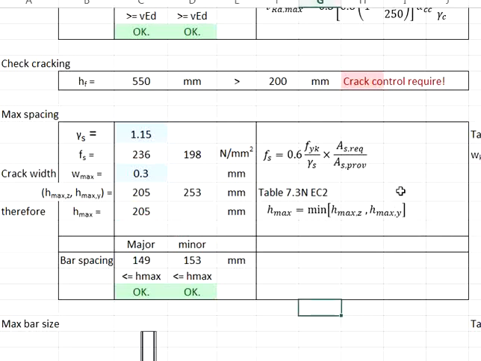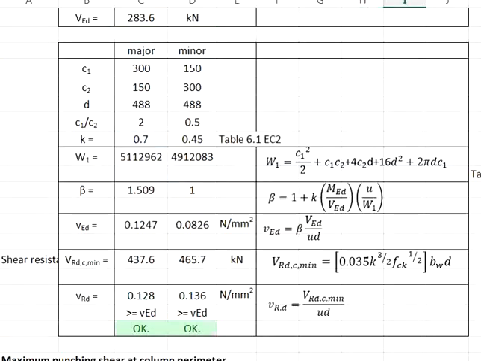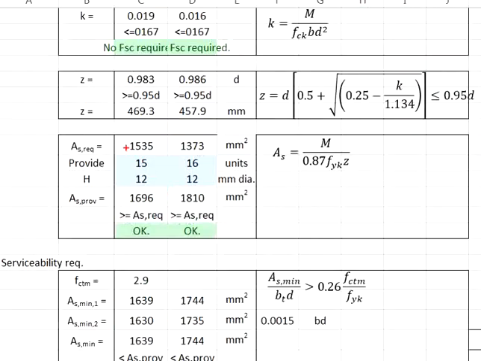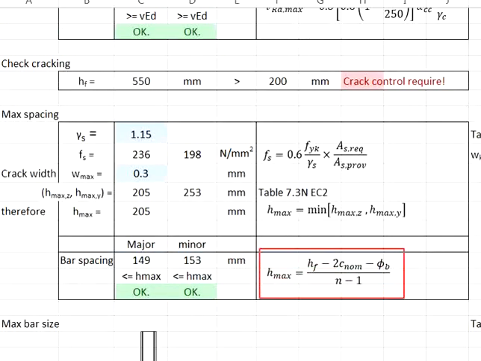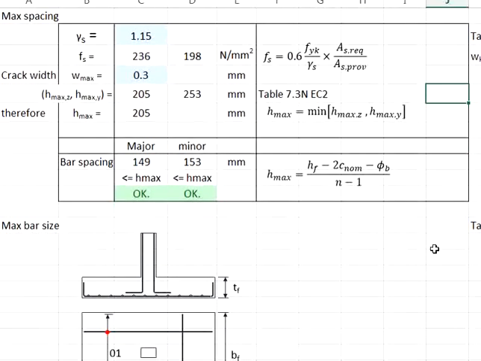Next, we will need to calculate the actual bar spacing based on the amount of reinforcement bar provided. You can sketch the arrangement of the reinforcement bar for you to determine the bar spacing. You may use these formulas for you to calculate the bar spacing for the major and the minor axis. If you find difficulty to understand this formula, you can imagine like this.